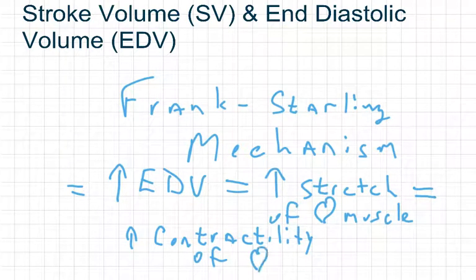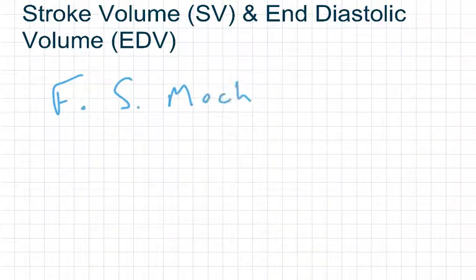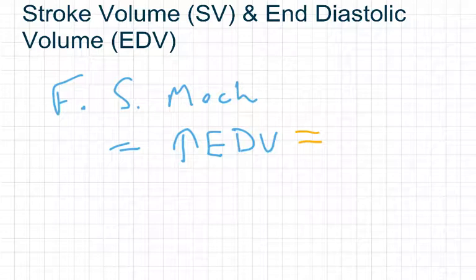And finally, that means there's an increase in stroke volume. So, to summarize, the Frank-Starling mechanism essentially states that an increase in end-diastolic volume equals an increase in stroke volume.